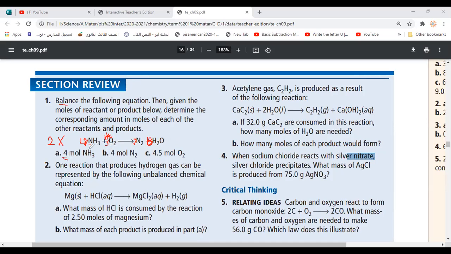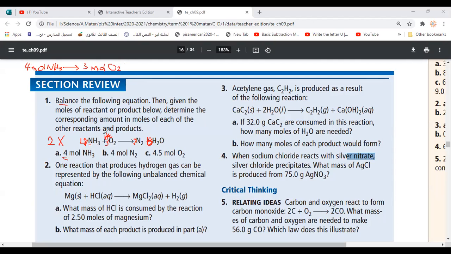Three, okay, because already the mole ratio between ammonia and oxygen is 4 to 3. So 4 mole NH3 will react with 3 mole of oxygen.